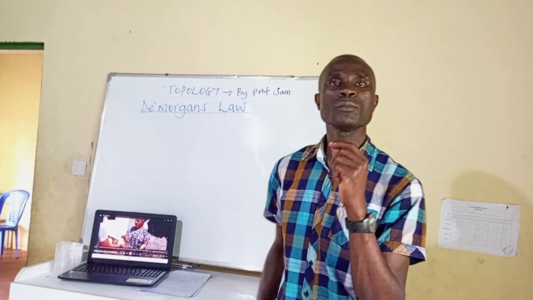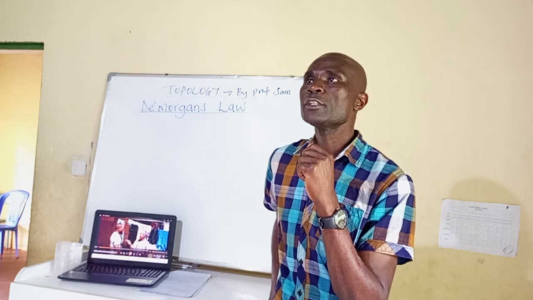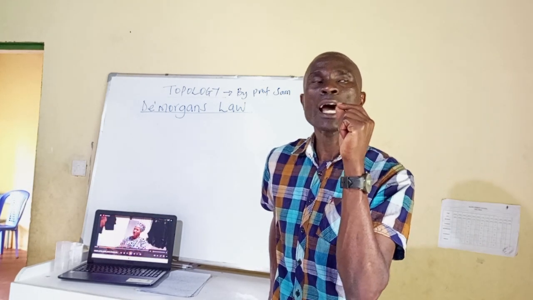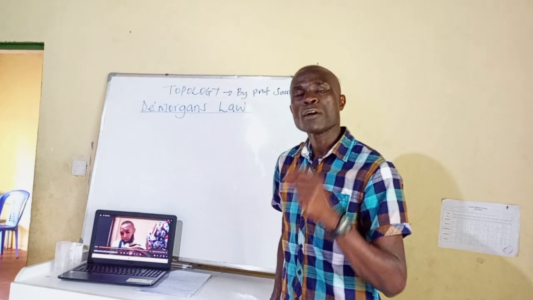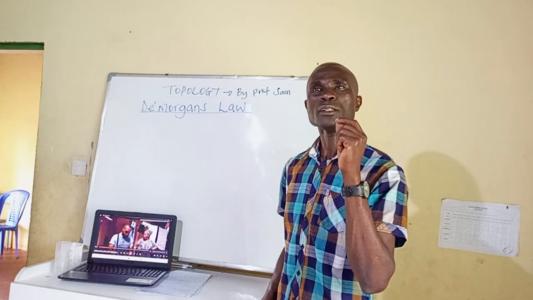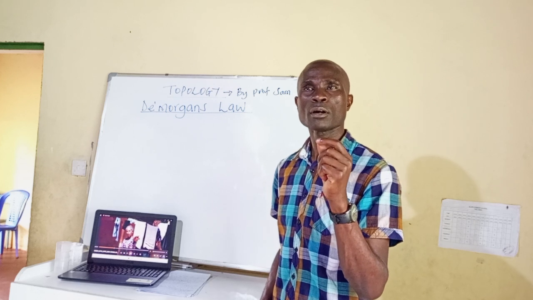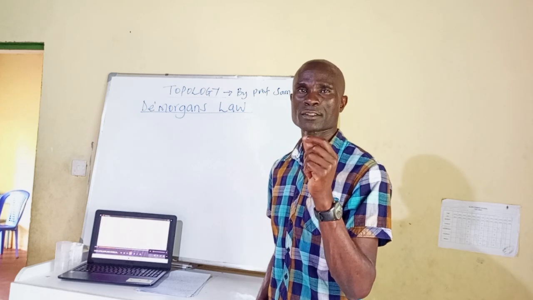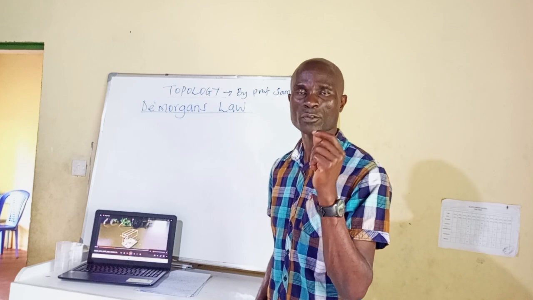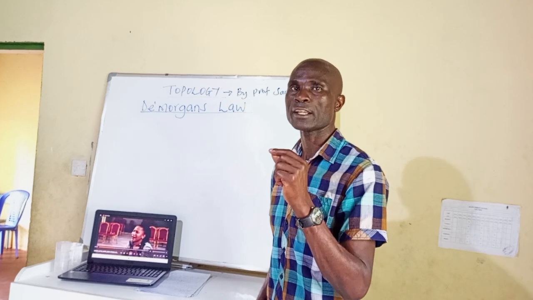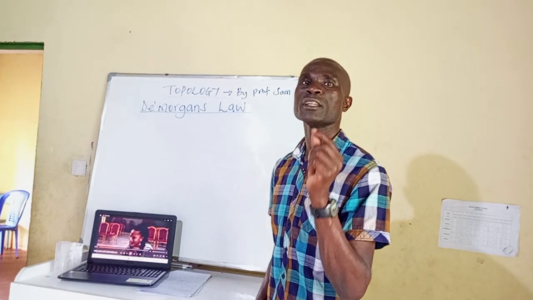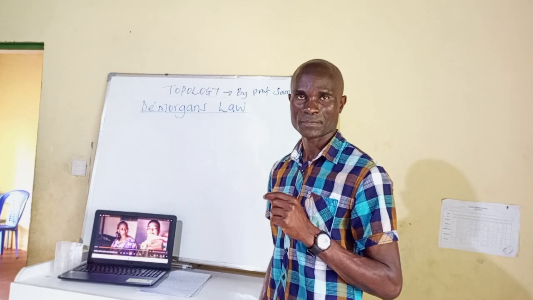When we talk about De Morgan's law, guys, we are simply talking about a law that states that for any union of two sets, the union of the complements of two sets is equivalent to the intersection of the individual complements.